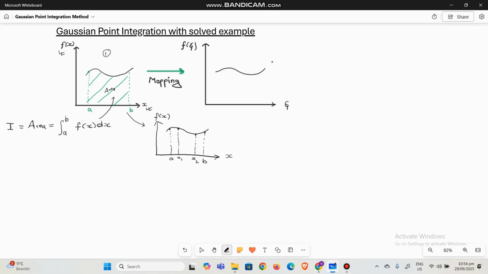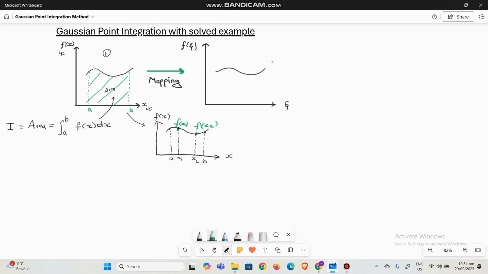For this explanation, I chose 2 points. The first point is here and the second is here. So we have x1 and x2 and corresponding functional values. We can say this is f(x1) and this is f(x2), right? This one and this one.